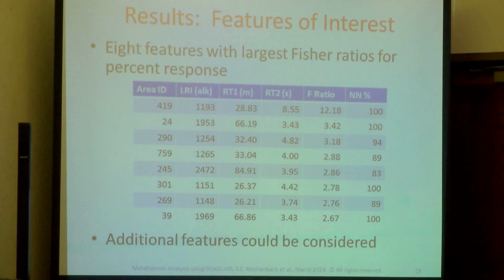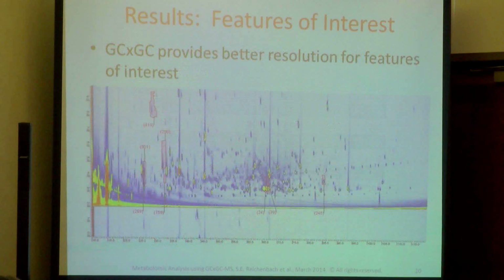This means that they're widely separated with respect to their means in the classes, and that they're also highly reliable. And additional features could be investigated as well.